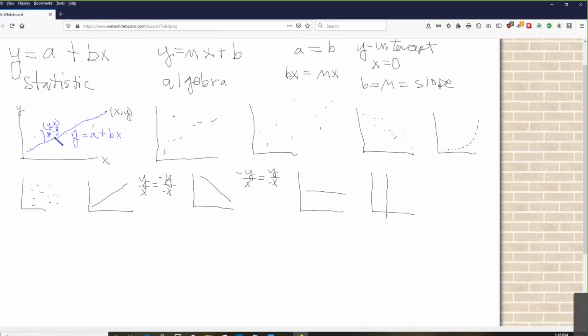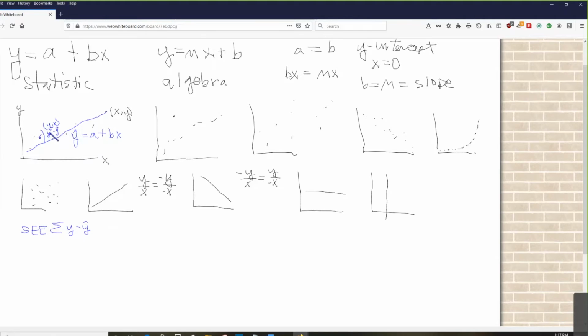And we can calculate all the errors, and we'll go into this more. The sum of the squared errors is going to be the summation of all of these y's minus the estimated y.